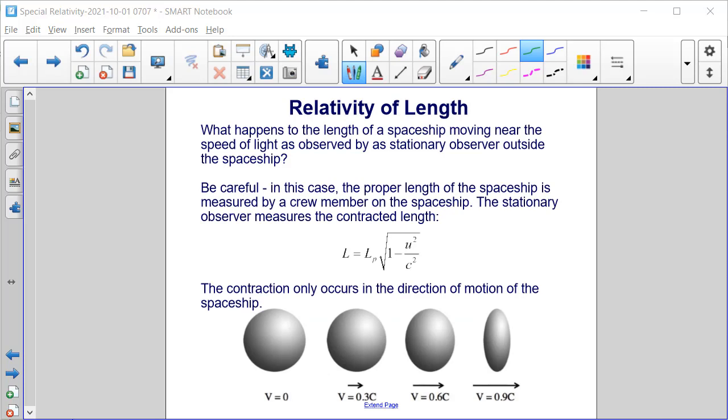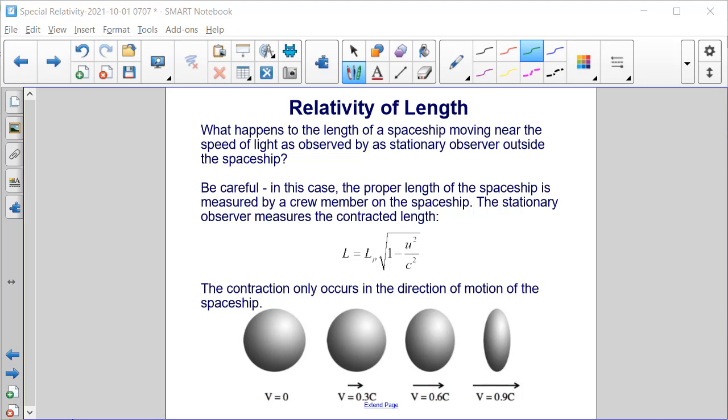So what happens to the length of a spaceship moving near the speed of light as observed by a stationary observer outside the spaceship? Got to be careful. In this case, the proper length of the spaceship is measured by a crew member on the spaceship. The stationary observer measures the contracted length.